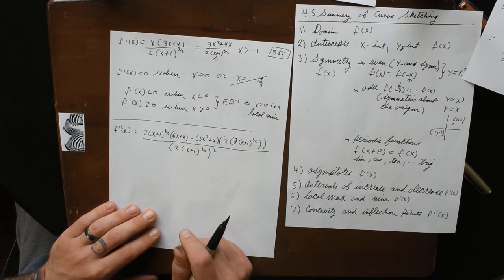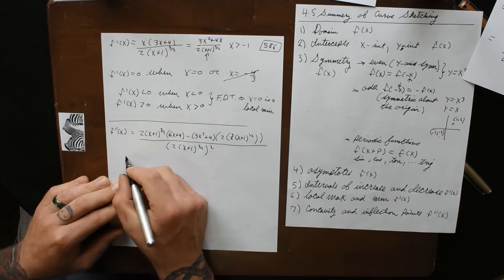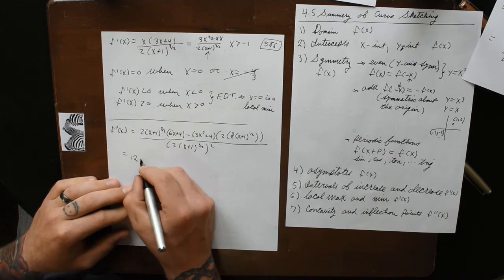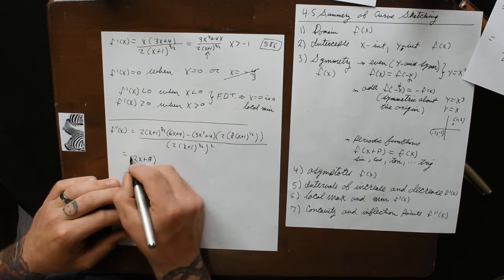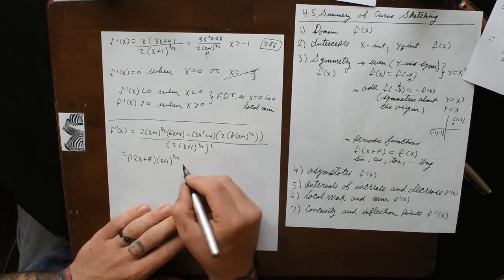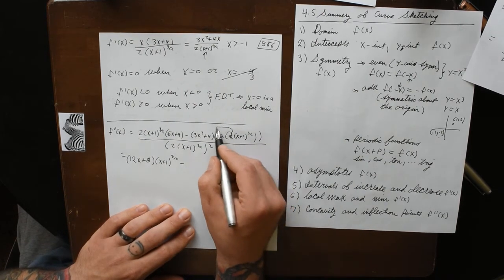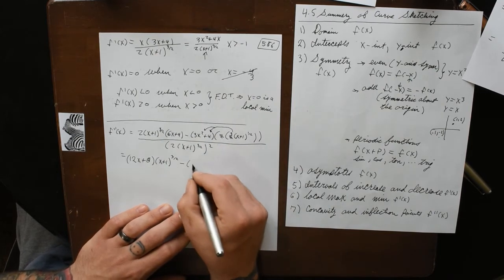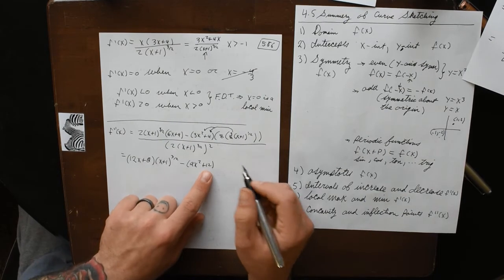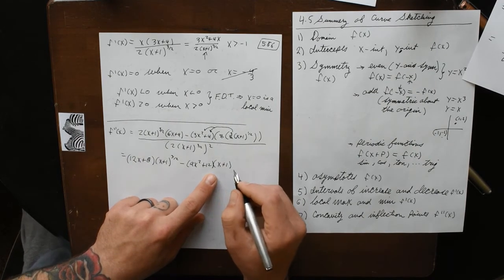So I'm going to go through and just do some algebra first. We're going to move this 2 in with that 6x plus 4, call it a 12x plus 8 times (x plus 1) to the 3 halves, minus, this 2 is going to cancel out with that 2, and this 3 is going to get grouped in here, minus (9x squared plus 12) times (x plus 1) to the 1 half.